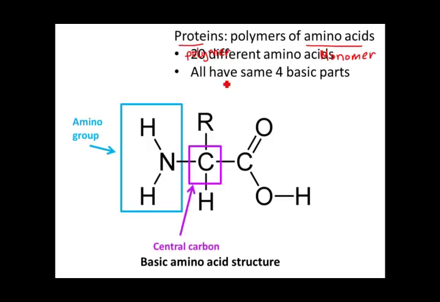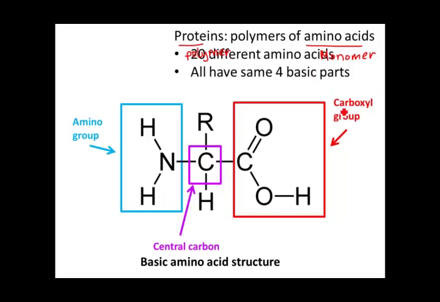And then there's the carboxyl group. The carboxylic acid group is another name for it. It's that carbon double bonded to oxygen, with an OH group, which is another one of the functional groups that I pointed out at the beginning. And then finally, the fourth thing is the R group. R stands for variable in chemistry. So that just means that this is the part of an amino acid that's different.